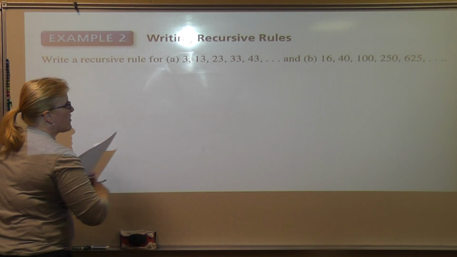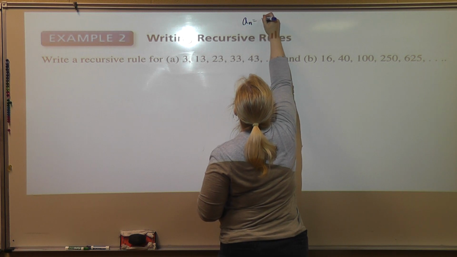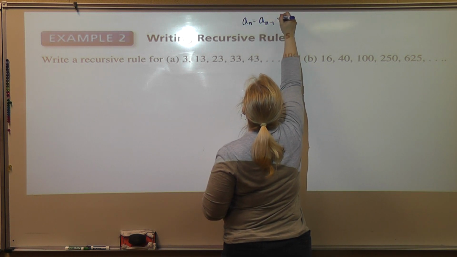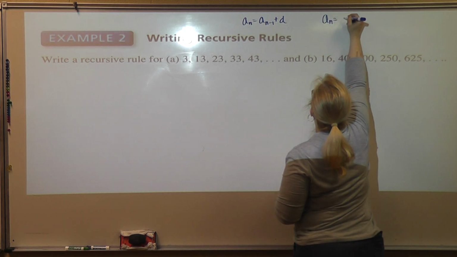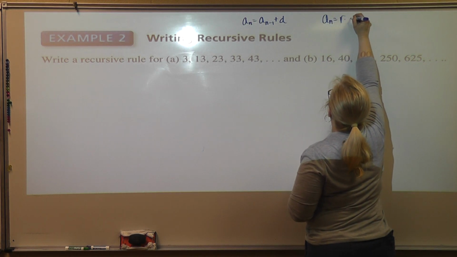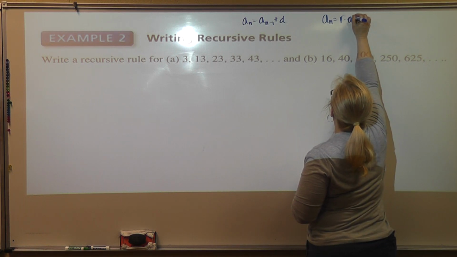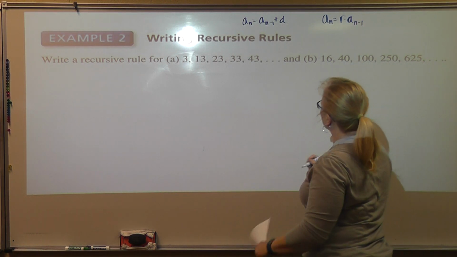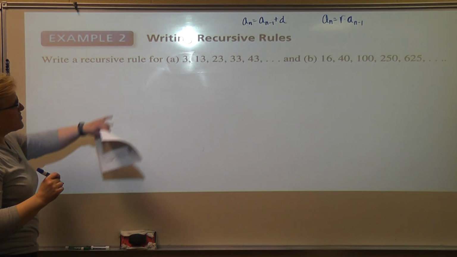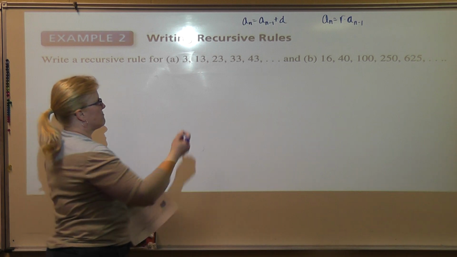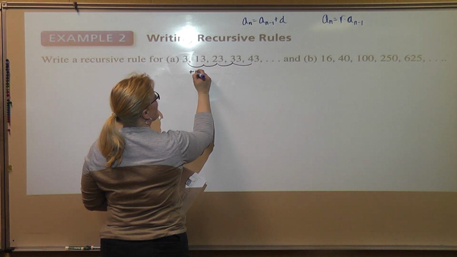So first of all, let's write our arithmetic one. Let's go a sub n equals a sub n minus 1 plus d. And then we have a sub n equals r times a sub n minus 1. Looks like a d. Okay. All right, so for this first one, what is happening between each one of these? We're adding 10, right?